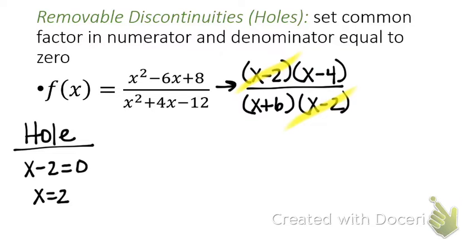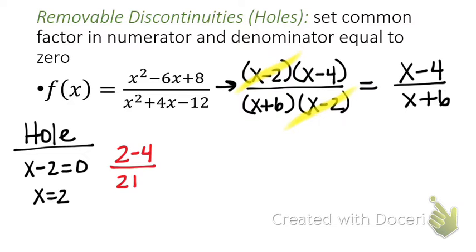Now to find the y value, after you cancel that out, you're left with x minus 4 over x plus 6. So what you need to do is take that 2 to figure out, well, we know that the hole is going to be at x equals 2, but what does y equal at that place? So that will be 2 minus 4 over 2 plus 6.